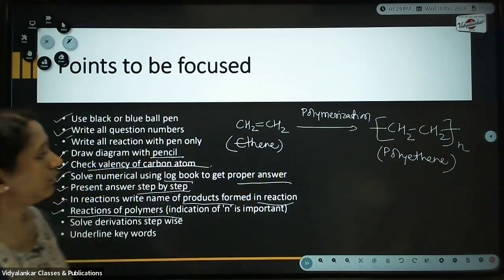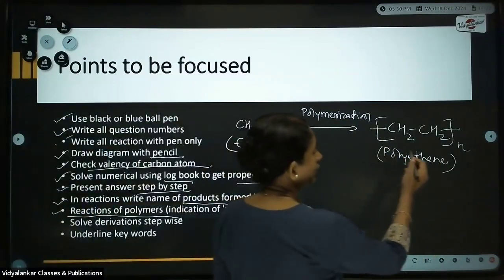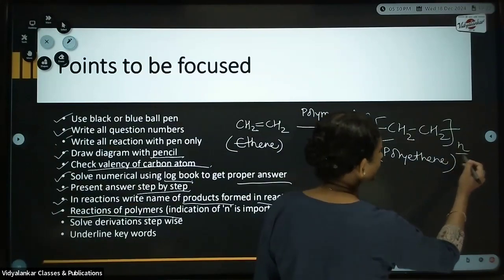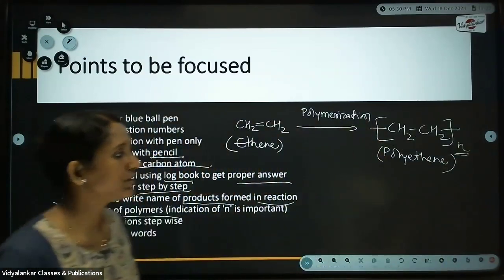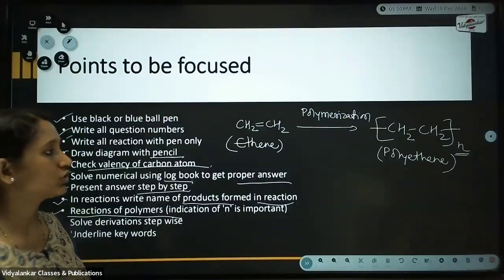So when you write the preparation reaction for any polymer, on the product side, to the square bracket, you write n. What it indicates is that a number of monomers are involved in the reaction.